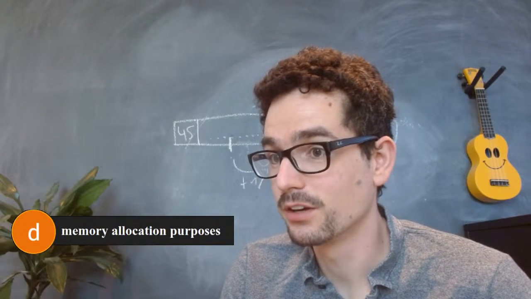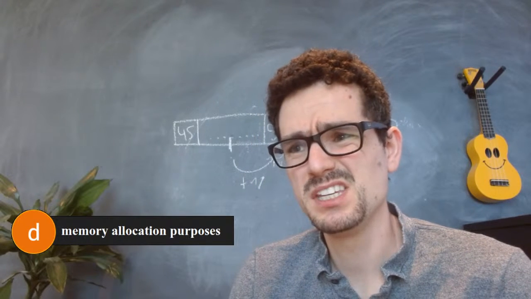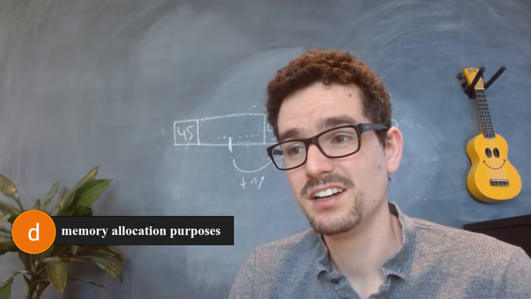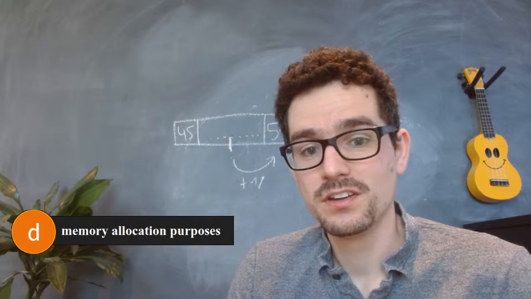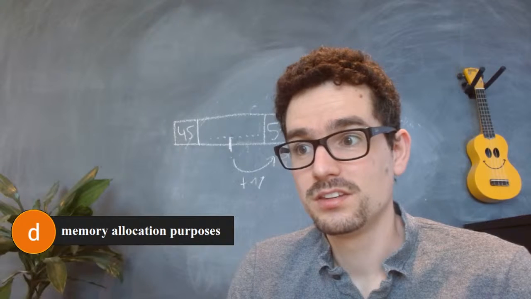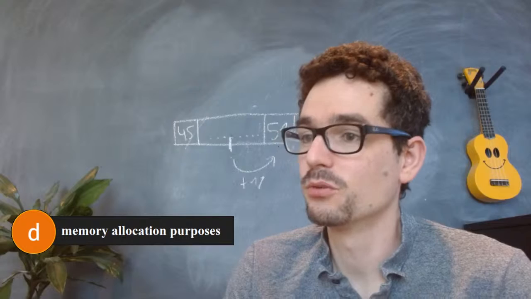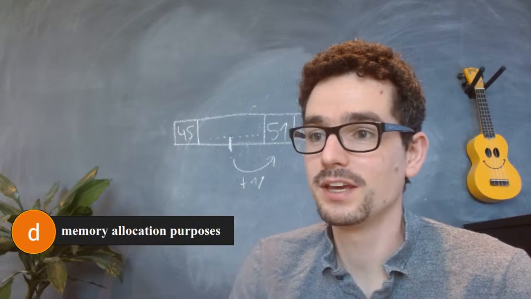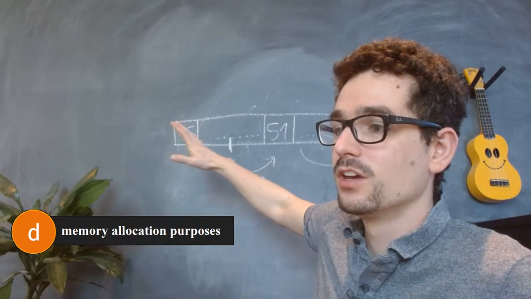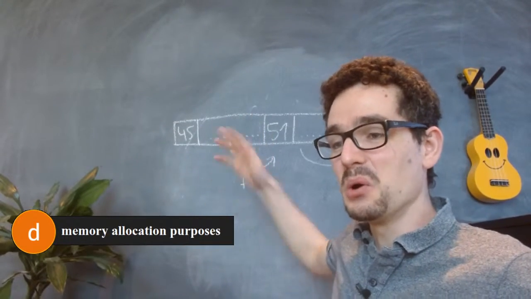It's not for memory allocation purposes. Maybe, yeah, it is: when we delete data afterwards, then we can reuse the space for a document that is not larger than the old one and so on.